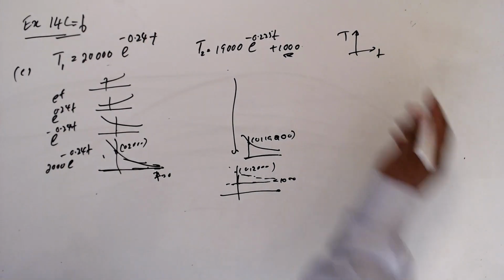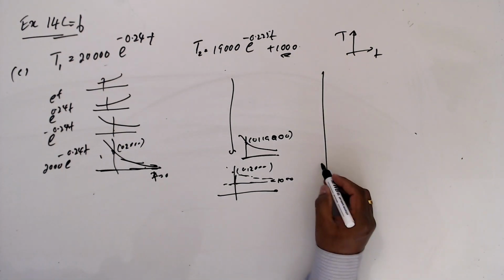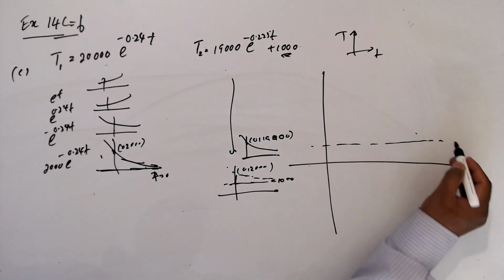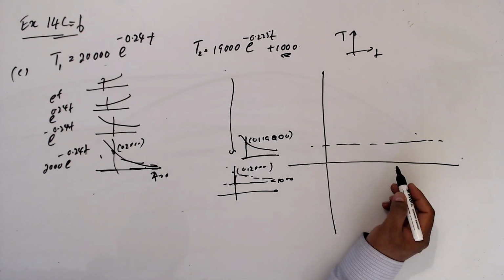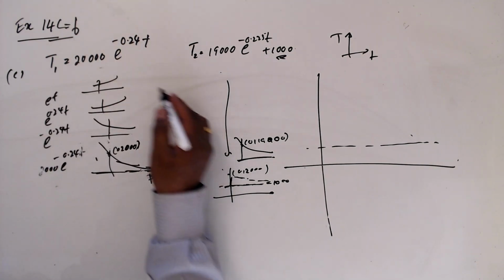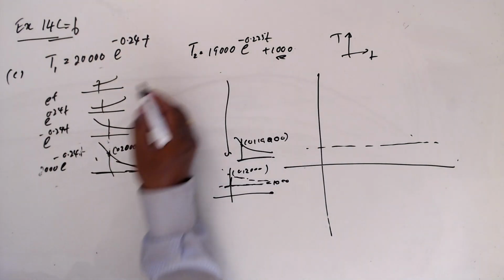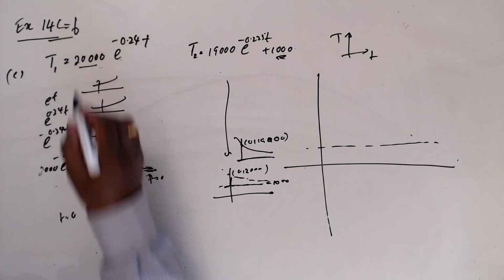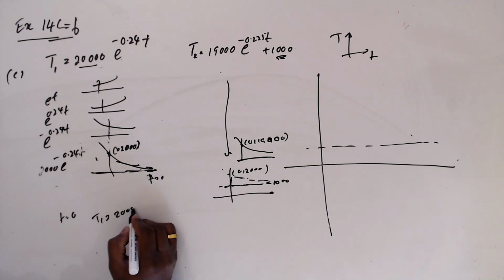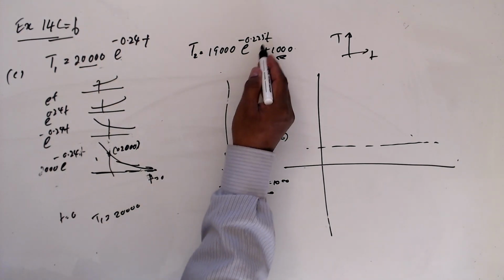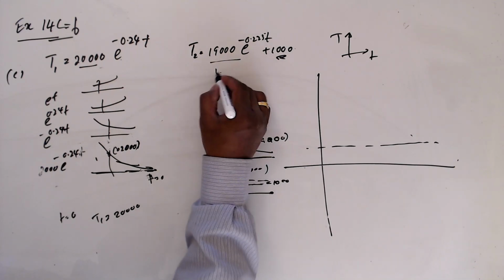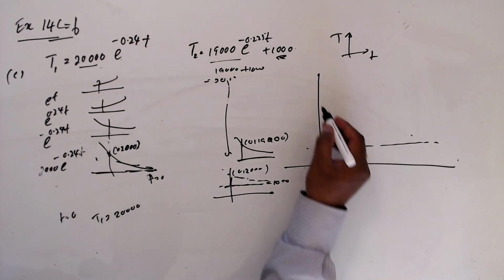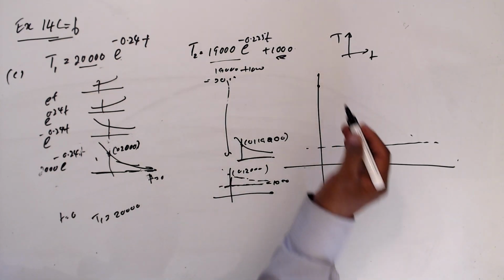Now we'll draw this one. So this is the £1,000 line. We need to find when t equals 0, the starting point. So T1 equals 20,000, and when t equals 0, T2 is 19,000 plus 1,000, still 20,000. It means both graphs start from the same place.